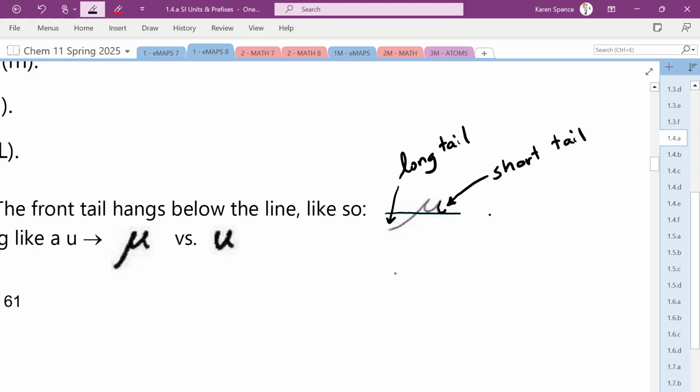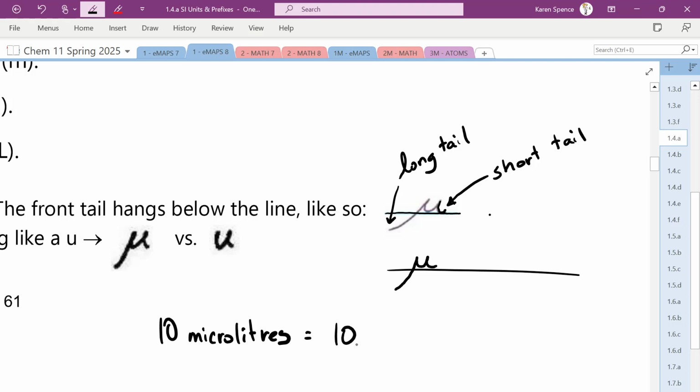So how do you draw this? You start below the line, you go up, and just like that. So if you were writing 10 microliters, it would look like this: 10 microliters.